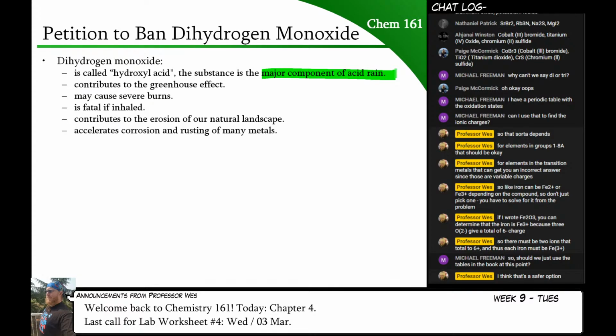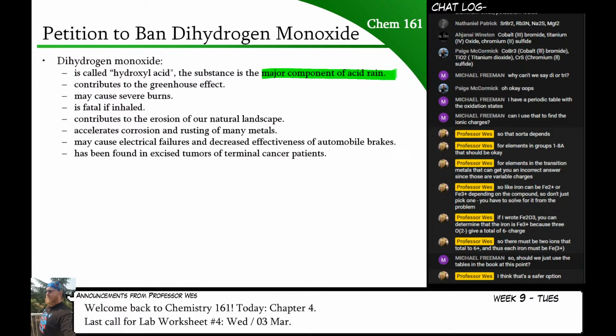What else can it do? It can corrode metal. It facilitates rust. It can lead to electrical failure. Your automobile brakes can fail because of dihydrogen monoxide. Every single person who's had cancer has this in their body. Like, it's so awful.